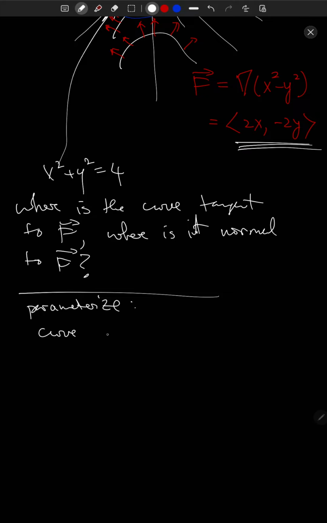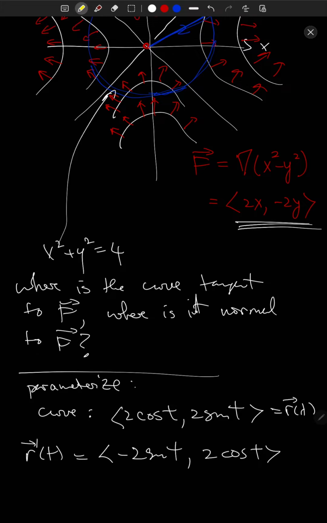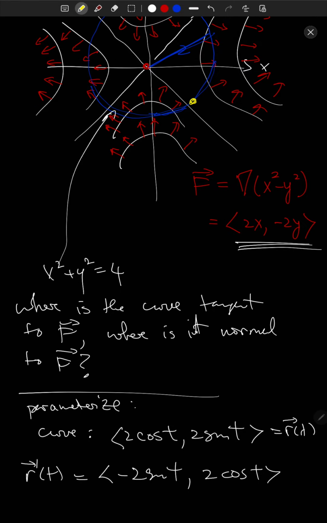So our curve is cos t. Actually, it was radius 2, right? So 2 cos t, 2 sine t. All right. Let me call this r of t. Right? r prime of t is minus 2 sine t, 2 cos t. And in our picture above, r prime of t would be vectors tangent to our circle.